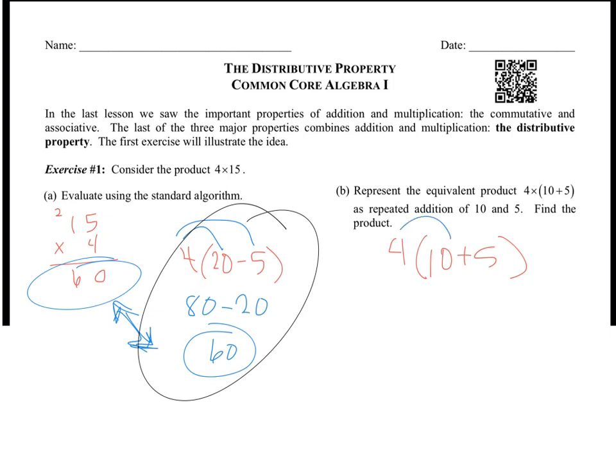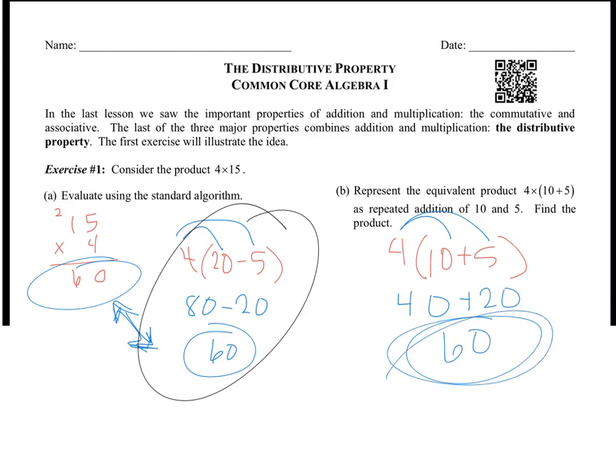Distributive property. 4 times 10 is 40, plus 4 times 5 is 20, combine them, and we get 60. So if you look at the two newer ways to do it, not the standard algorithm, those are ways that you could actually do it in your head without having to write it out on paper and carry the two, and this way it actually makes more sense.